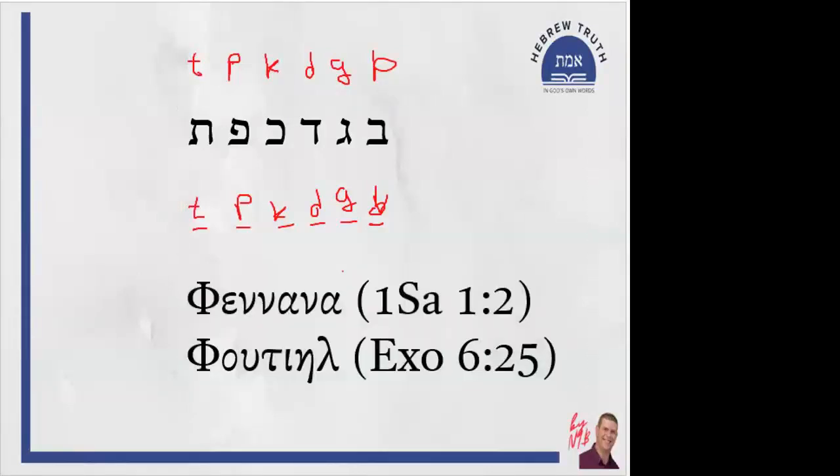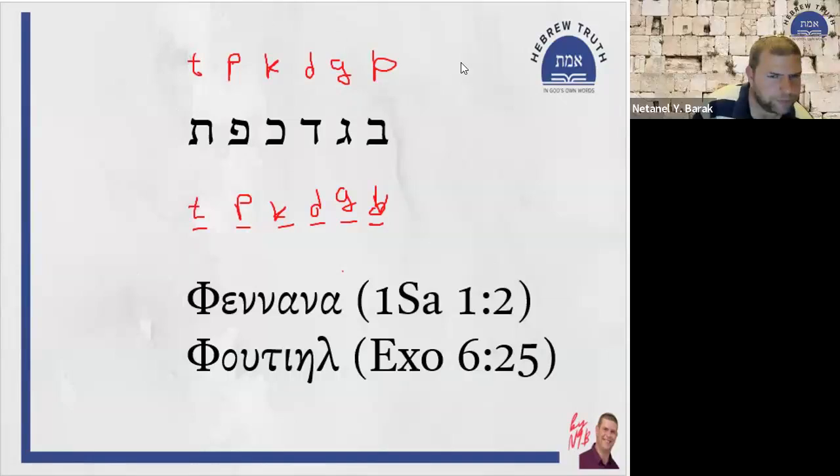Futiel. You can see it written on screen. They were transcribing a Hebrew name that we pronounce as Putiel to Futiel, which means that both the sounds that we pronounce with the dagesh and without a dagesh were closer, I wouldn't say in their eyes, but in their ears, to the pi sound.